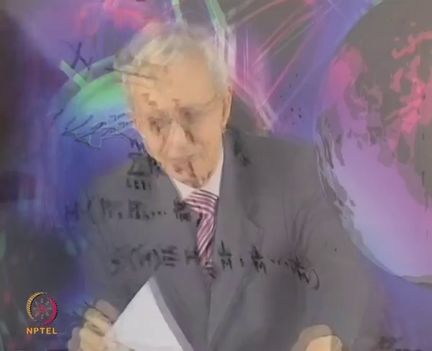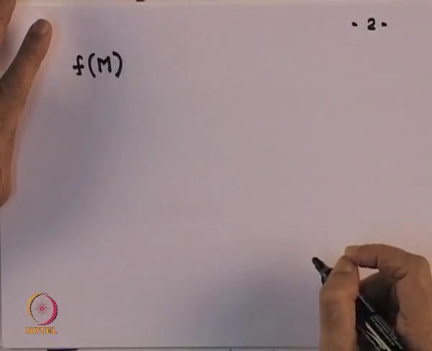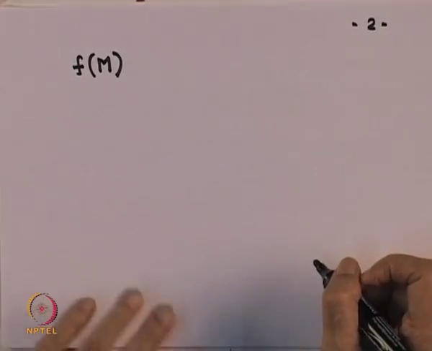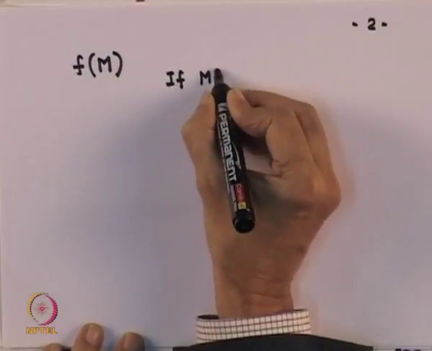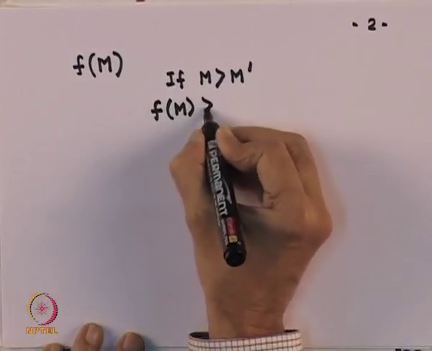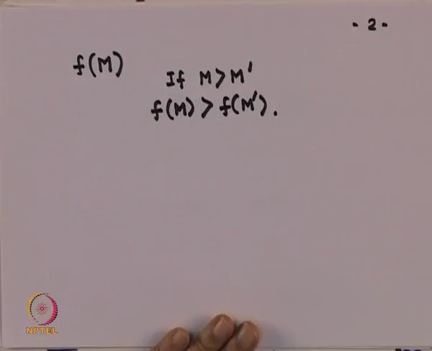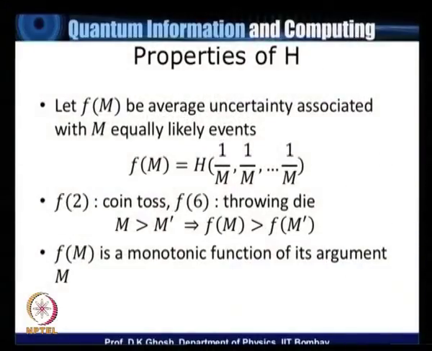Now the other thing which becomes obvious for the property of this function f is that f of m must be a monotonically increasing function with increasing value of m. Now look at what it means. Supposing I am saying m is greater than m prime, then f of m must be greater than f of m prime. Now that is very obvious, because take the example of a coin toss.